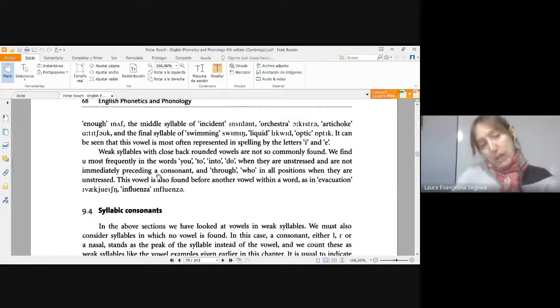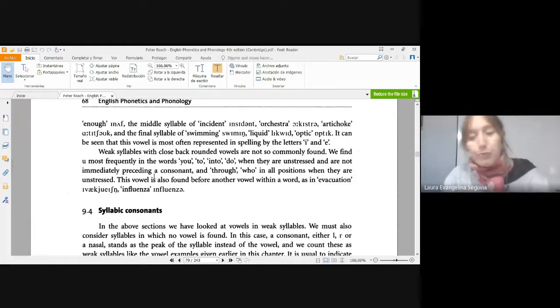And this is very important. If you have the chapter printed, this is something that you have to mark because it's important. It says, weak syllables with close back rounding vowels, the U sería, are not so commonly found.